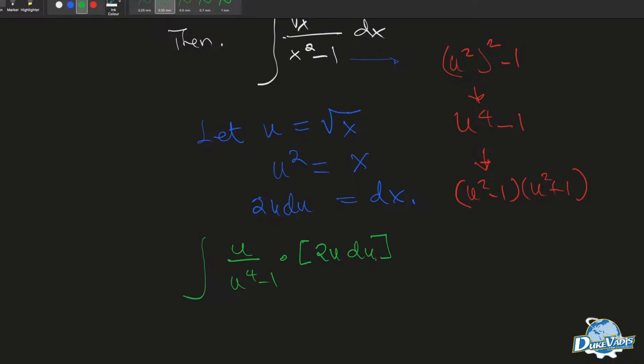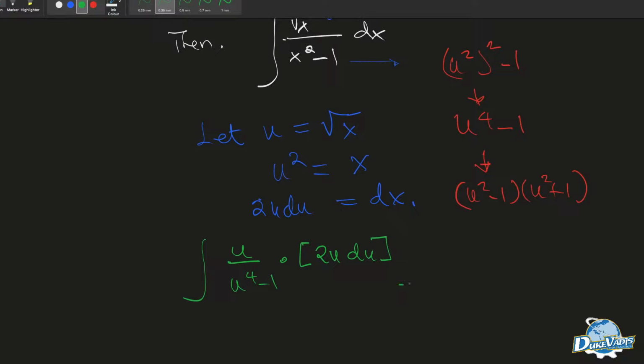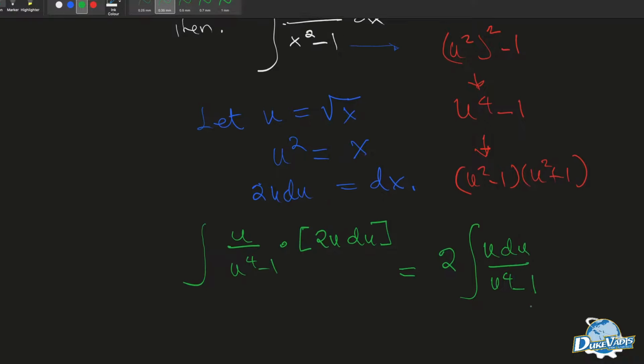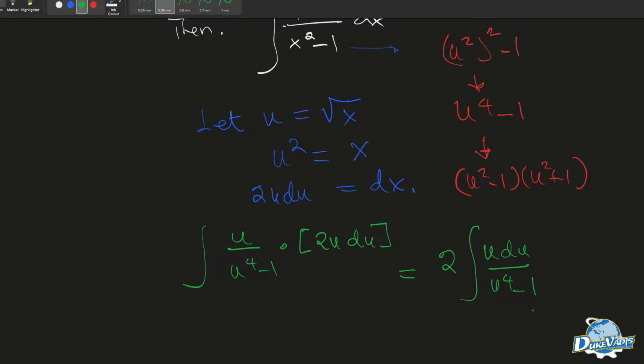When we expand this, we can further expand the integration as you can see over here.